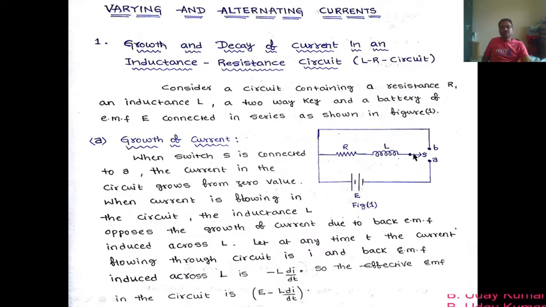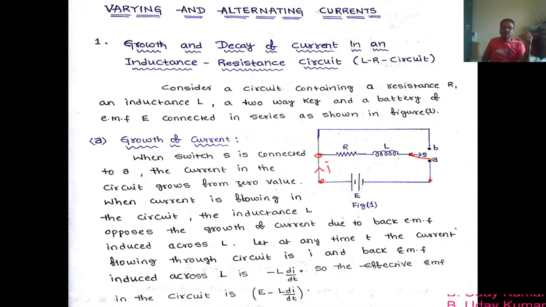We started to study how the current grows in the circuit when switch S is connected to A. This is what we have done. So it is switch S which is connected to A. What happens is this lower part of the circuit gets closed, and because of that, due to this battery whose EMF is E, some current flows through this circuit.